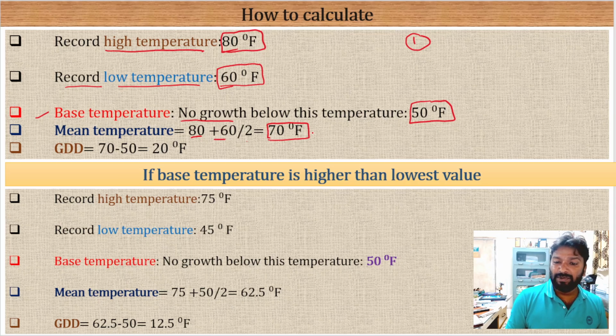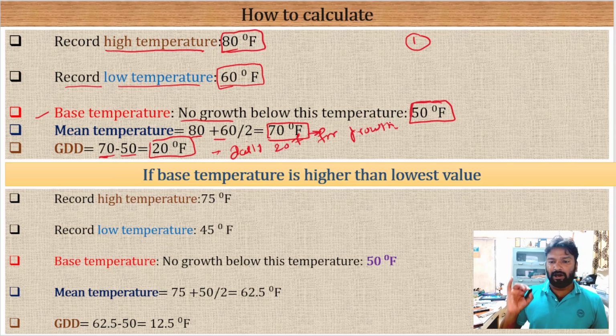The mean temperature is 70 degrees, and your base temperature is 50 degrees. When you deduct the base temperature from the mean temperature, you get 20 degrees Fahrenheit. So 20 degrees is the GDD, meaning daily you are adding 20 degrees Fahrenheit for the crop.